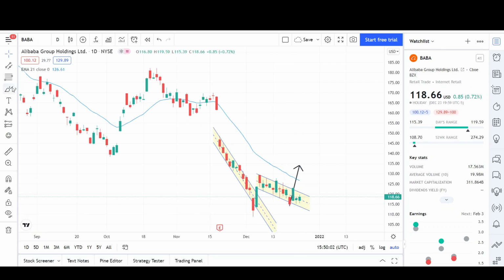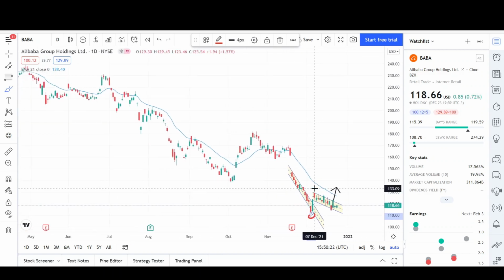So BABA could be doing something like that if we don't get this second leg up. As the weeks progress, it looks more and more likely that they might just continue lower, because they would have made that second leg up by now. So we might get a retest of these lows, and then from there we need to reevaluate what BABA wants to do.